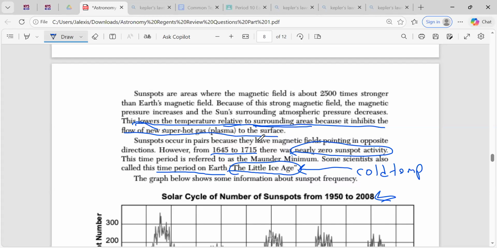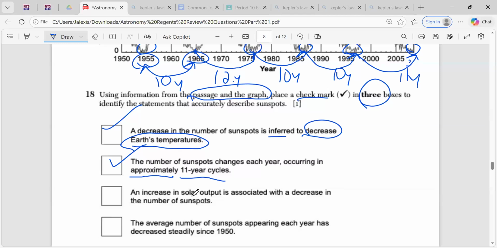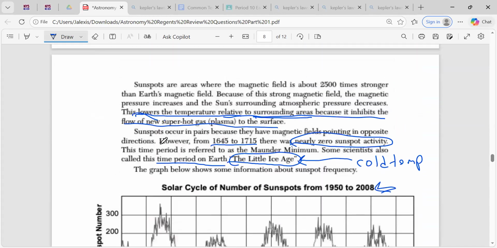Sunspots occur in pairs because they have magnetic fields pointing in opposite directions. So it looks as if there is a strong magnetic field. Based on the reading, an increase in solar output is associated with a decrease in the number of sunspots.